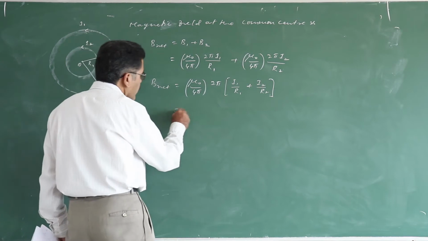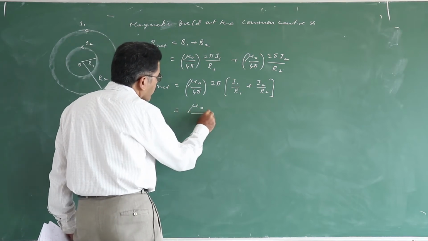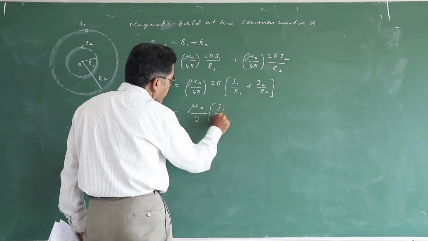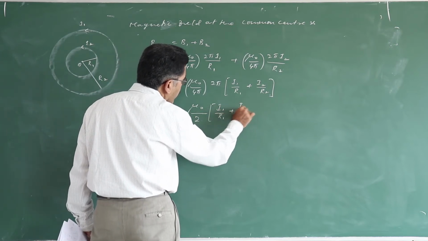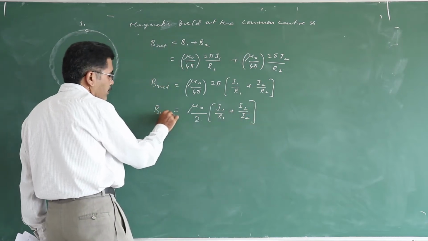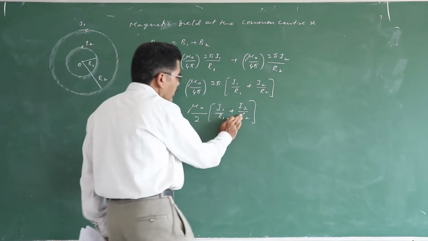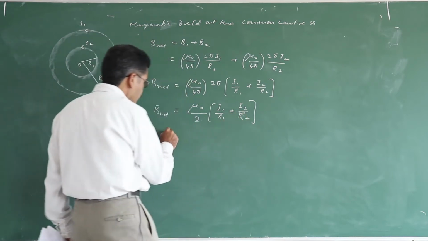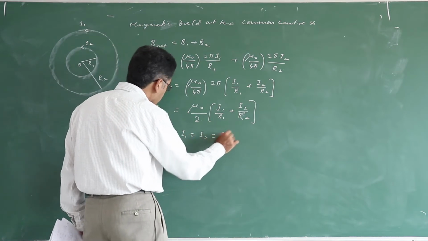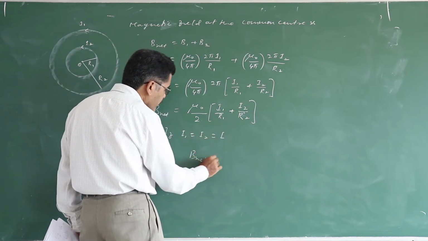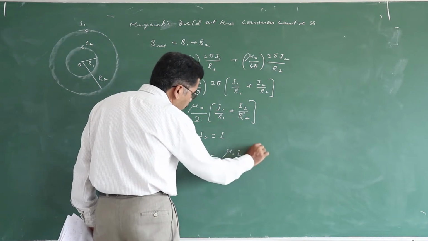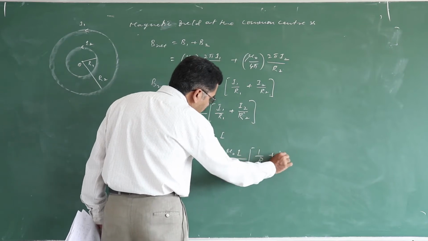This is mu naught by 2, I1 by R1 plus I2 by R2. If I1 is equal to I2 equals I, then B net is equal to mu naught I divided by 2, 1 by R1 plus 1 by R2.